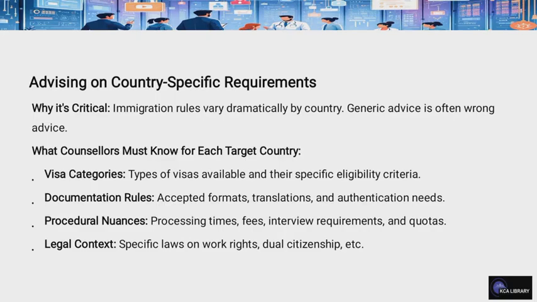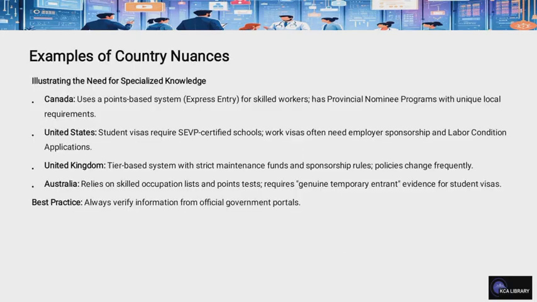Also, there is a need to know the procedural nuances, and this is processing time, the fee, interview requirements, and also quotas. And the last one that is necessary to be known by the counselor for each of the countries is the legal context. And this deals with specific laws on work rights, dual citizenship, and the likes.